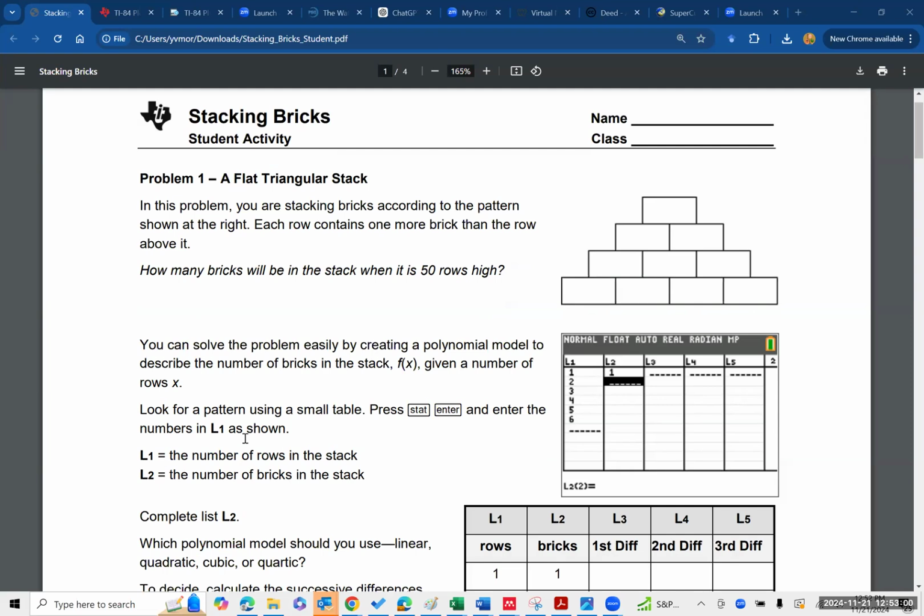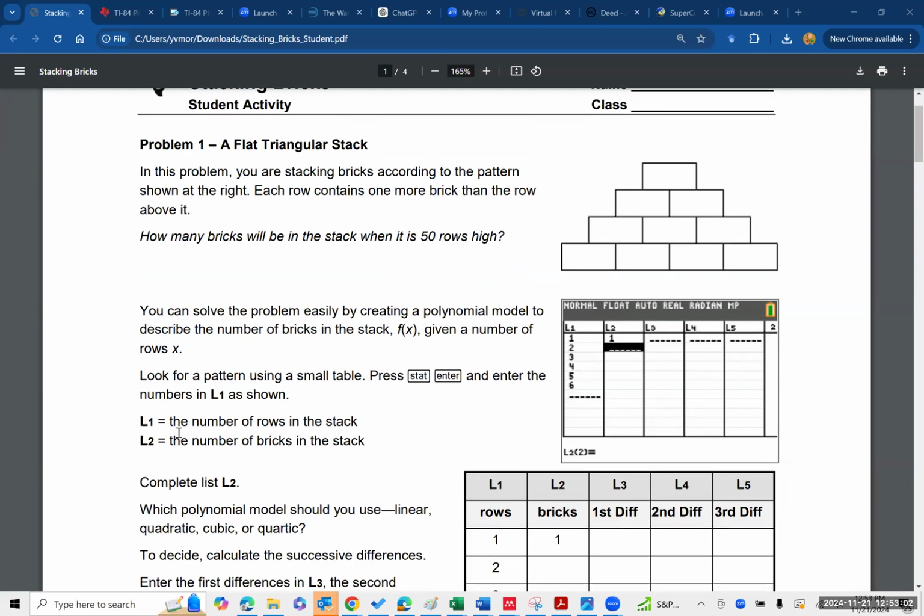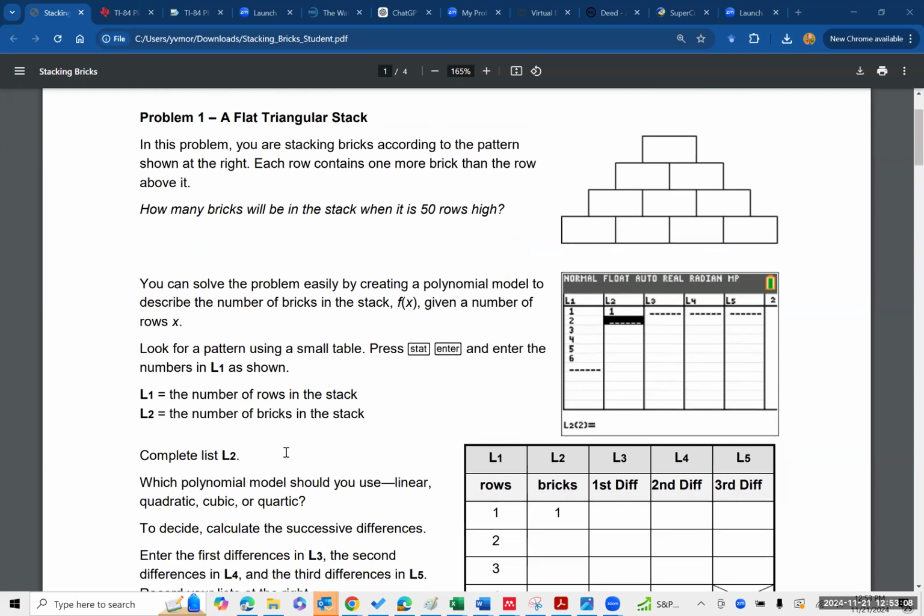I'll show you how to do that. L1 is going to be the number of rows in the stack, and L2 is the number of bricks in the stack. So we're looking at it from the front. Really you should be picturing just like you see here a two-dimensional model.